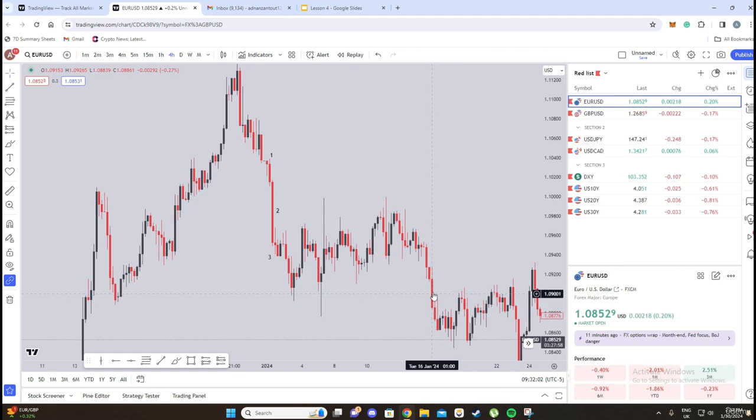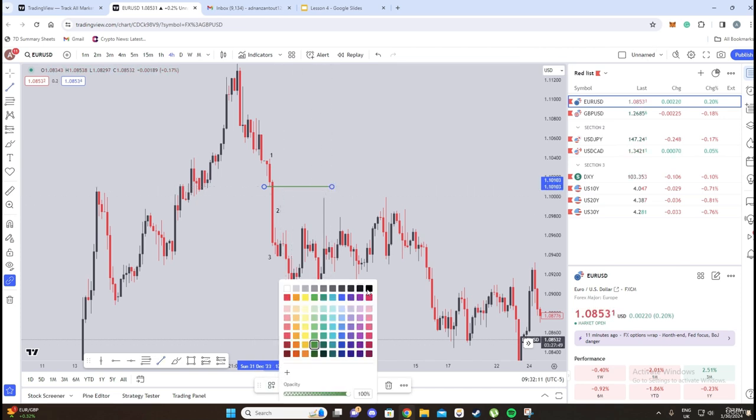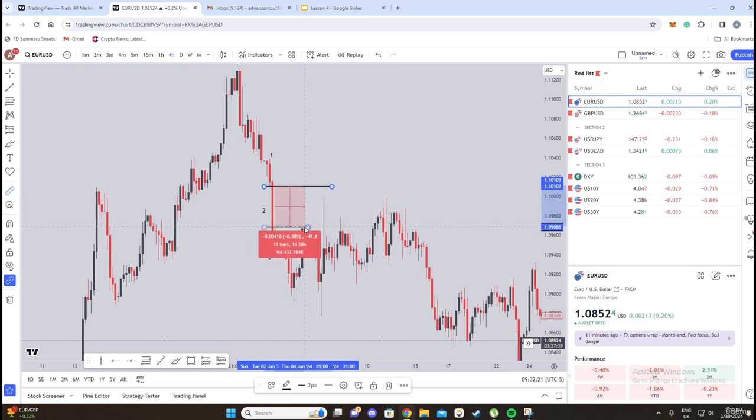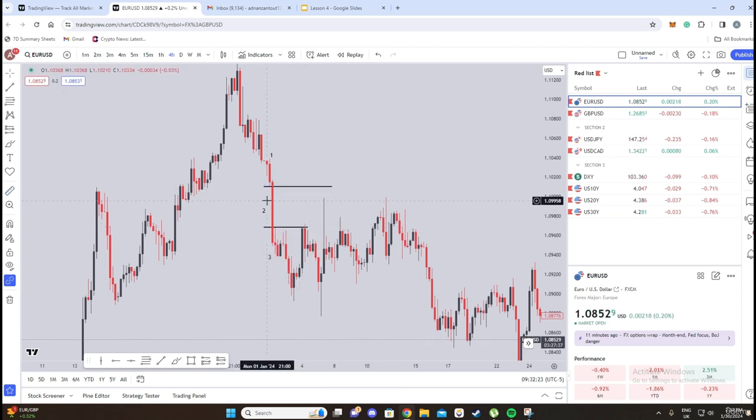So what we're looking for is the bottom wick of the first candle, and here it is. Make this black. And the wick high of the third candle, which is here. As you can see, this whole area over here is a gap because price did not trade there.